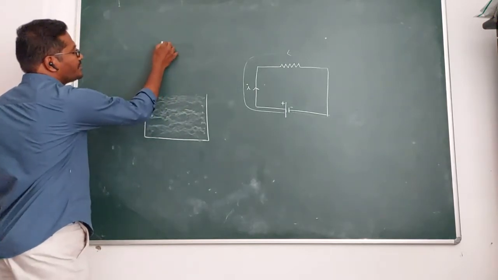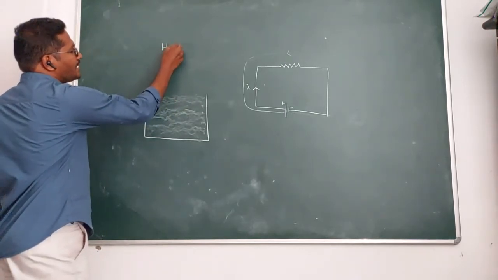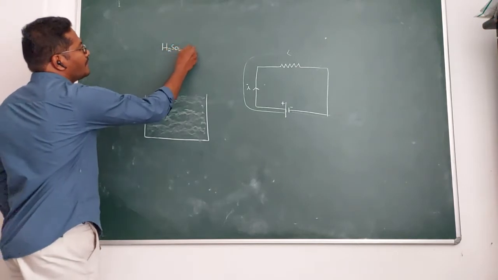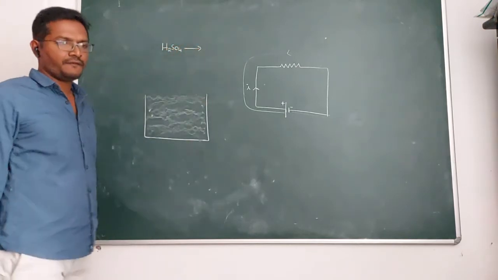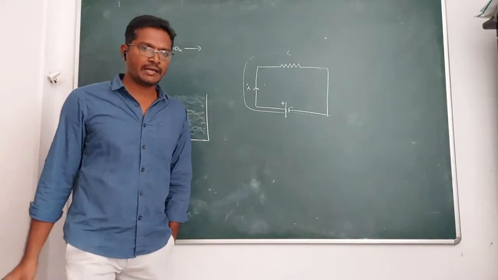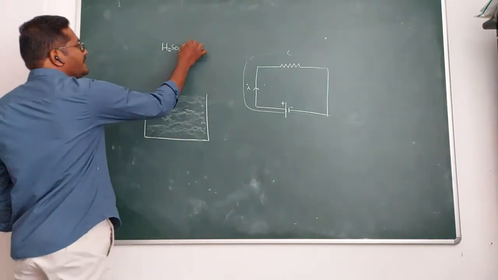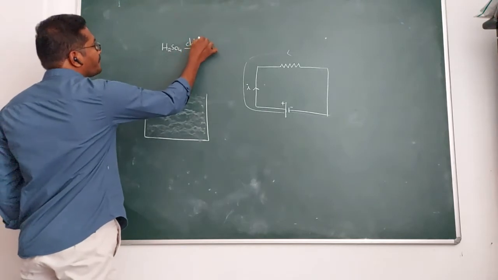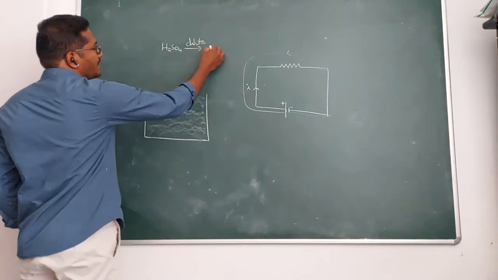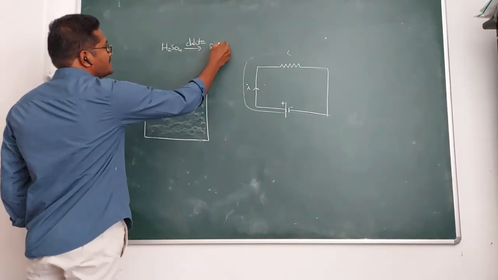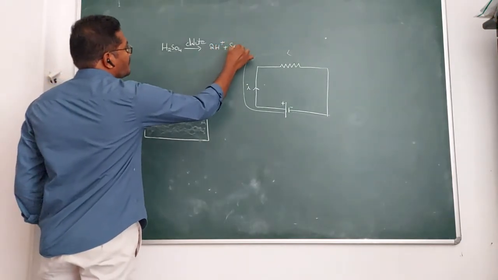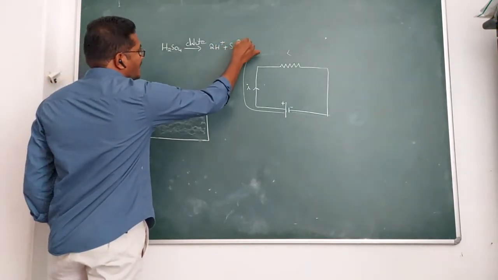That means when you add water to the concentrated H2SO4 and it becomes dilute, then you will get 2 H plus ions and SO4 2 minus ions.